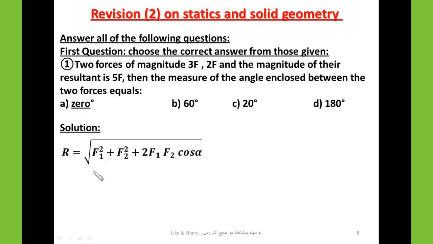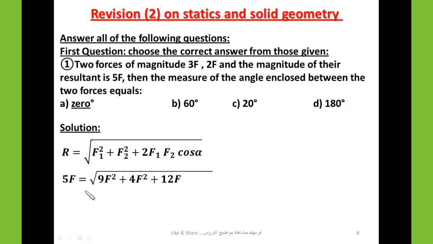R equals square root of F1 square plus F2 square plus 2F1 F2 cosine alpha. It is the main rule to calculate the resultant of two forces.